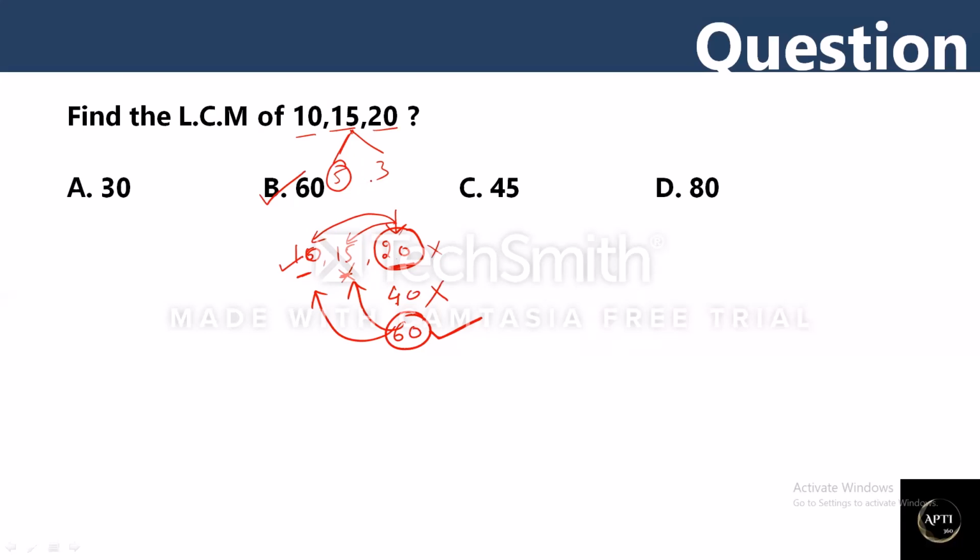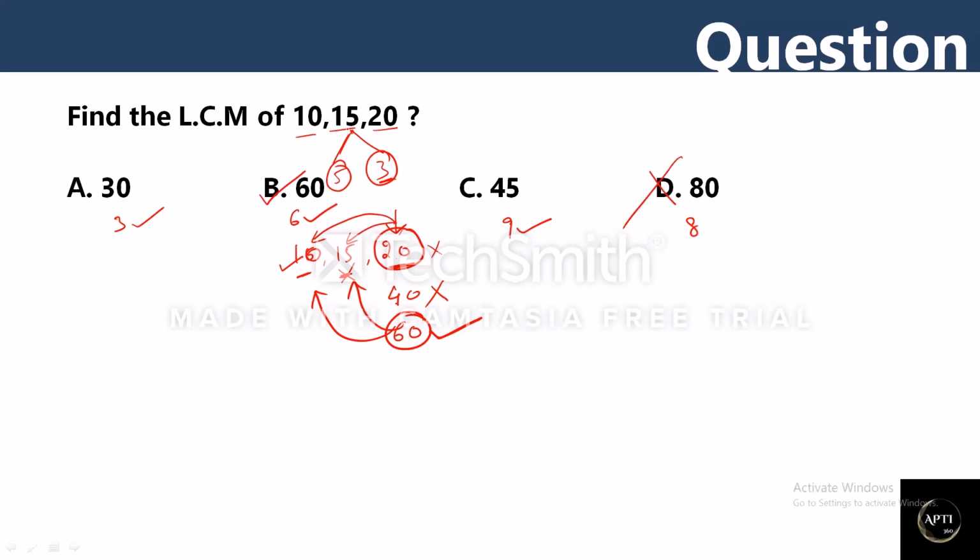Now we need to cross check whether the given numbers are divisible by 3 or not. That means the digit sum should be divisible by 3. Here the sum is 3, so option A is satisfied. Here the sum is 6, satisfied. Here the sum is 9, of course satisfied. Here the sum is 8, so option D cannot be our answer. So our answer should be either A, B, or C.